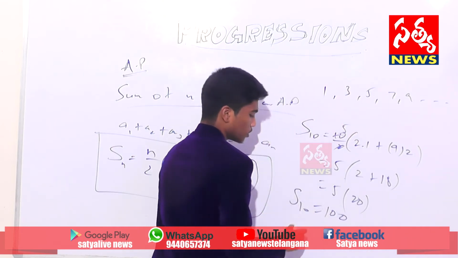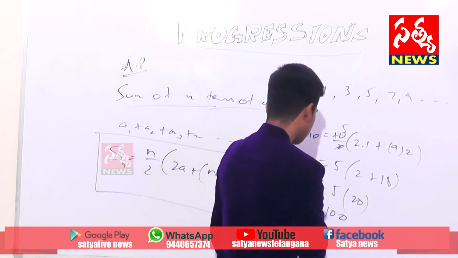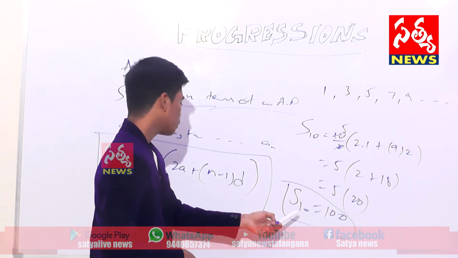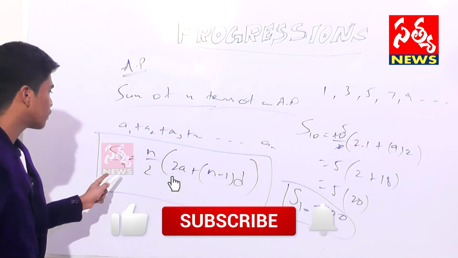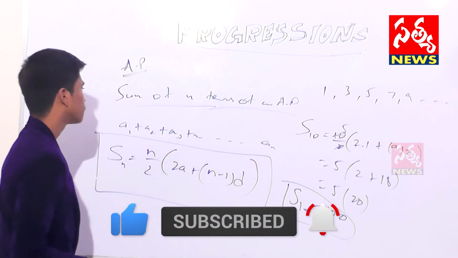So the sum of the numbers up till the 10th term is 100. You can check by adding also whether it is correct or not. But frequently use the formula Sn equals n by 2, 2a plus n minus 1 into d.